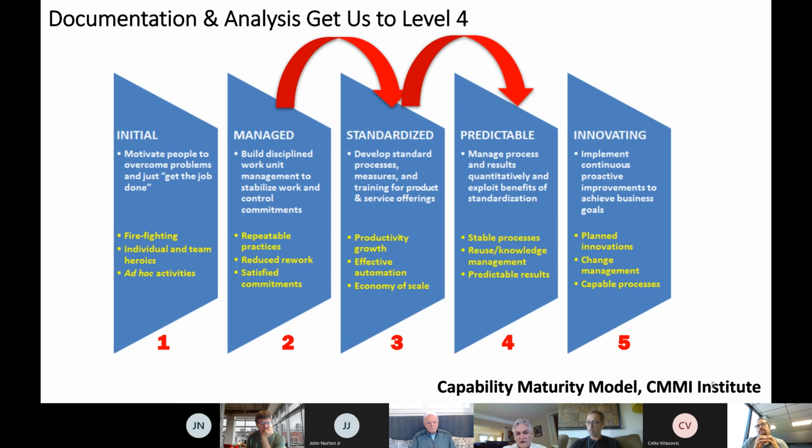I think, Scott and Cello, you can weigh in here, but I think the intent of these slides is to convey that a lot of the water and wastewater utilities are in the managed state in terms of maturity, and are trying to move up to something that's more standardized, then something that's more predictable, and eventually get as much of the organization as possible to be innovative.